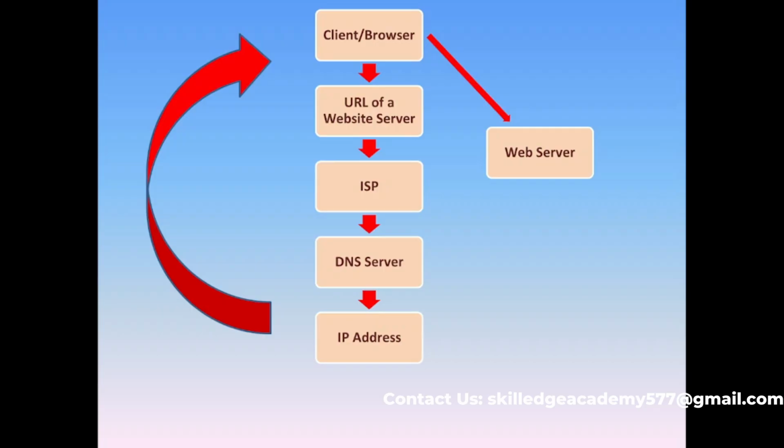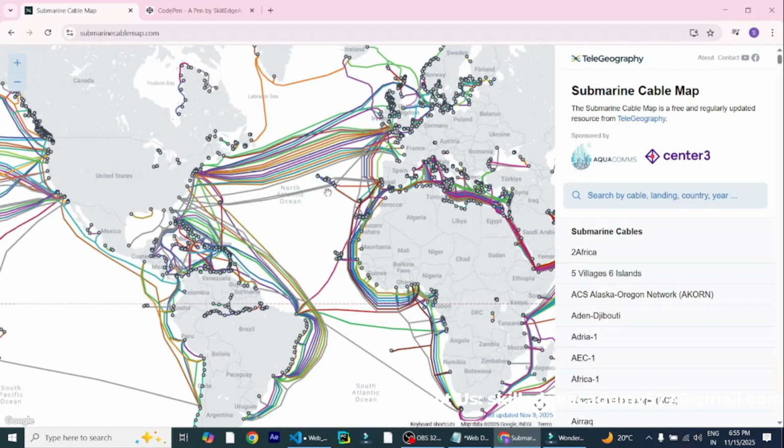Now, to understand the layout of the cables for accessing the internet through various continents and countries throughout the world, you can check this website, Submarine Cable Map. Here you can check the layout of the cables laid under the ocean and sea, connecting various continents and countries.